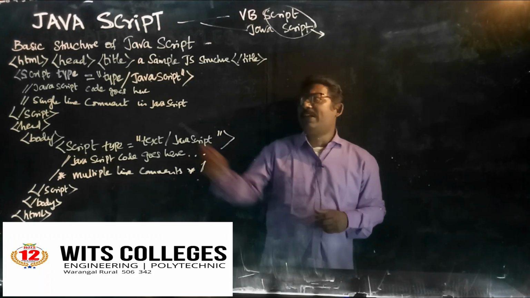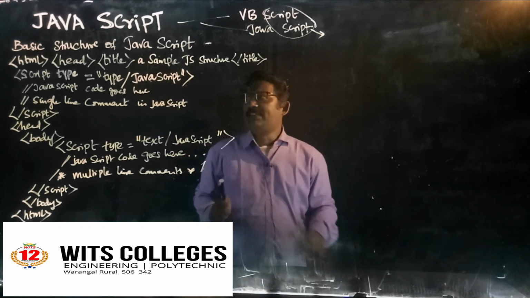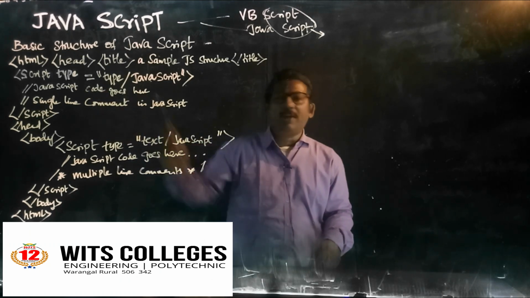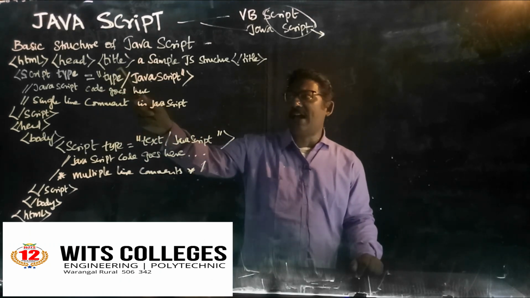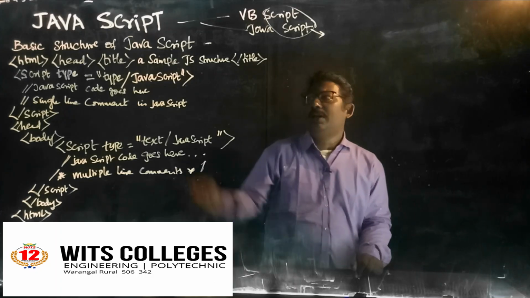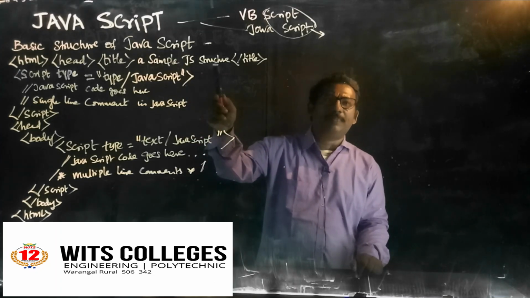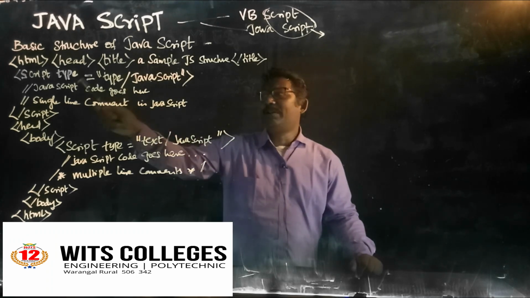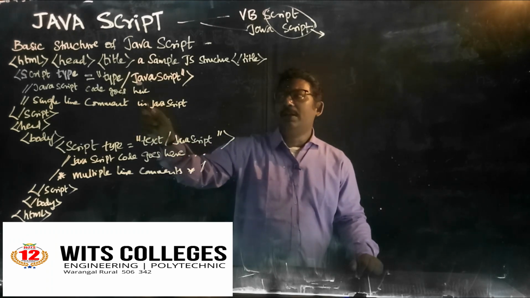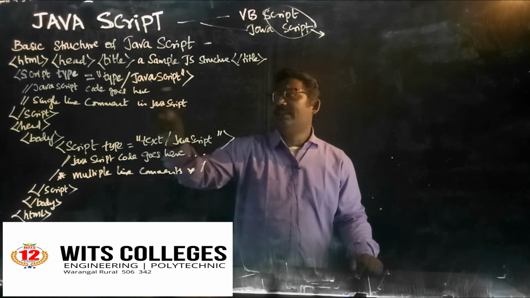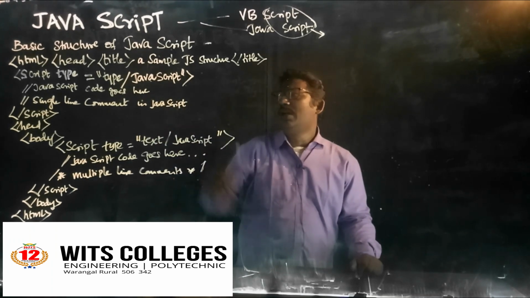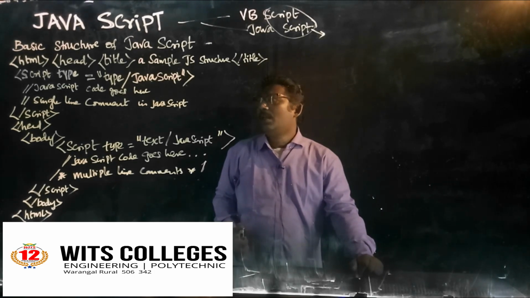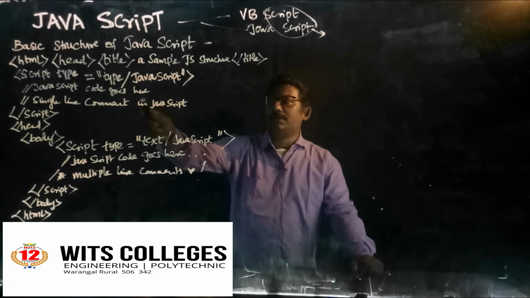Let's see the basic structure of JavaScript. First is, as usual, the HTML tag, then the head tag, then the title. In the title you can give a sample JavaScript structure and close the title. Next is script type equal to text/JavaScript. This is where you inform that it is JavaScript.